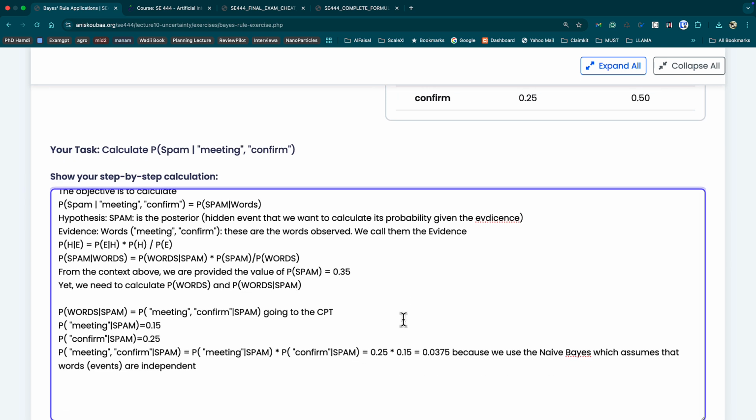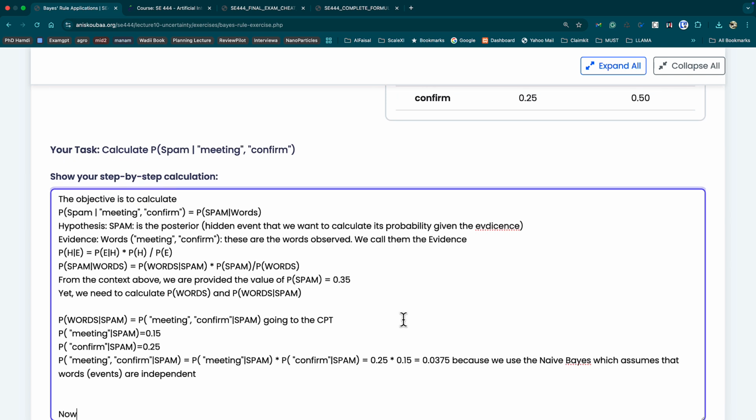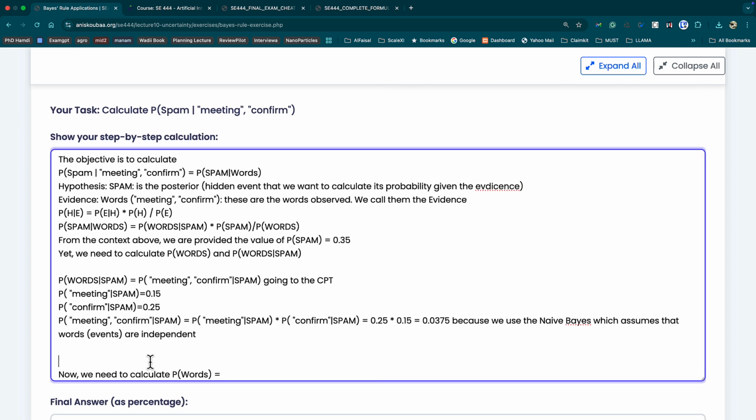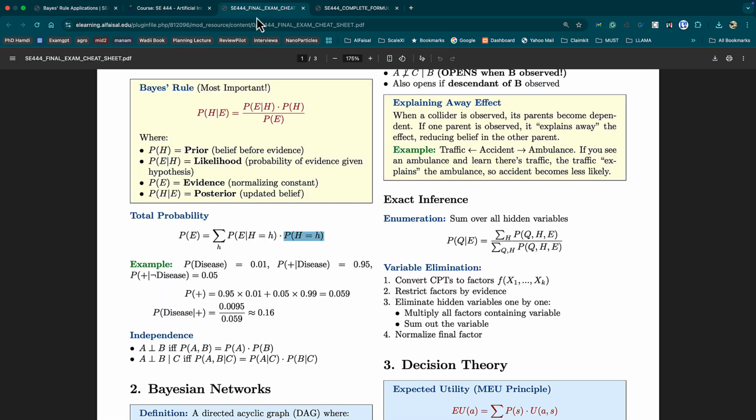And then what is remaining? Now we need to calculate the probability of words. From this table I have the probability of words given spam and the probability of words given ham. So we use the rule of total probability, which is this one.